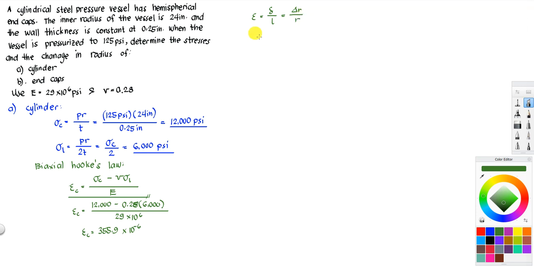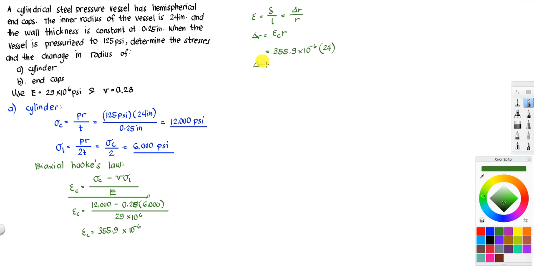And we are trying to find the change in radius, so we can multiply the circumferential strain by the radius: 355.9 times 10 to the negative 6, multiplied by the original radius, which is 24 inches, so that you can have the change in radius.